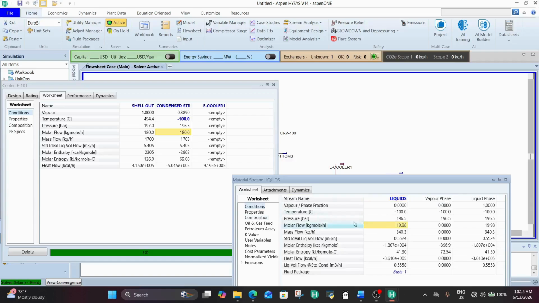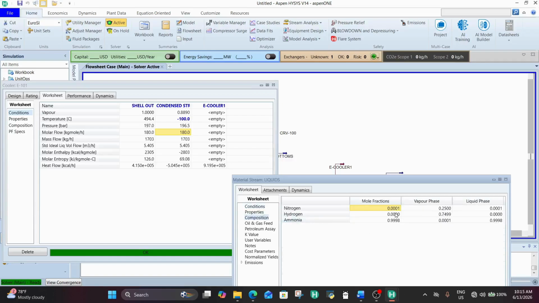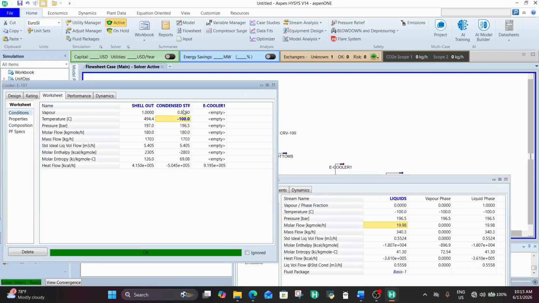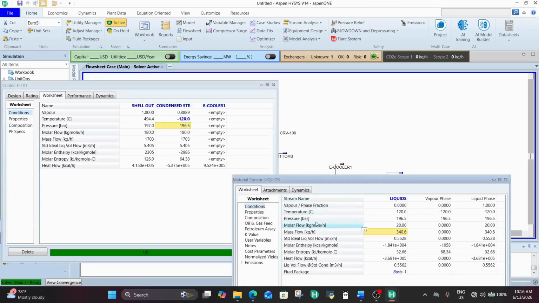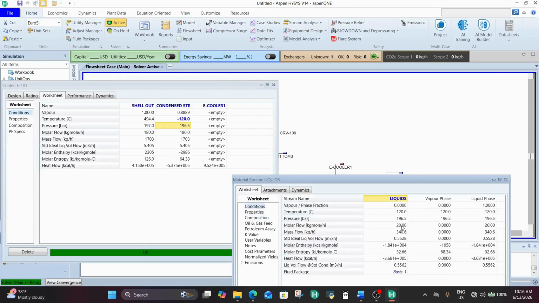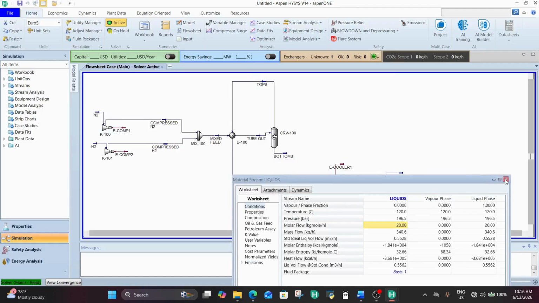99.9, 19.998. We still have slight traces. The traces are slight, 99% purity and 19.98. I think realistically let's leave it at negative 150, or let's say negative 120. Yeah, that does the job. It approximates our flow rate to 20 kilogram mole per hour.